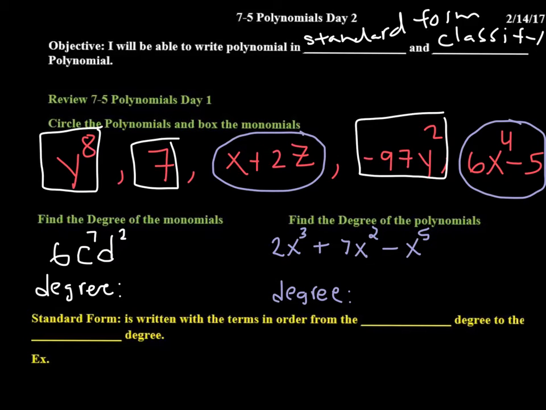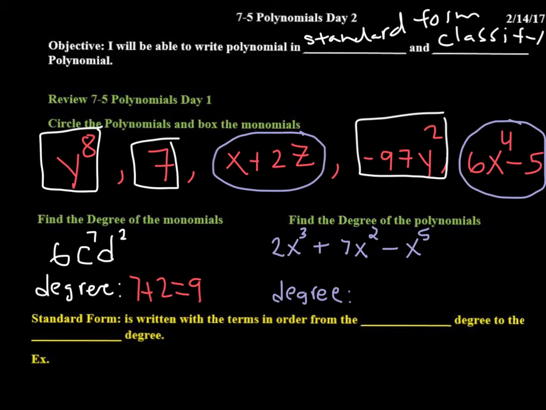Welcome back. Hopefully you have an answer or attempted the problem. For this monomial, we take the degrees of the variables, not the constant: c to the 7th and d to the 2nd. So 7 plus 2 is 9. This monomial is degree 9. Now the same with this polynomial.